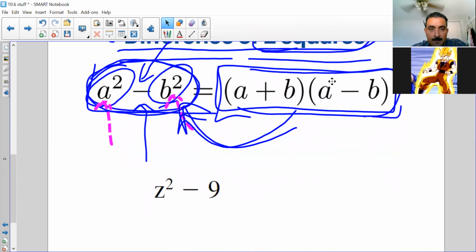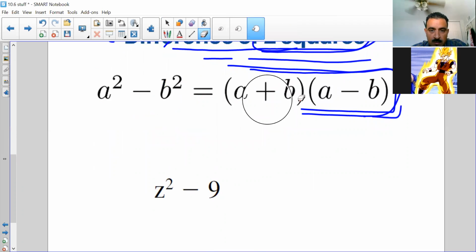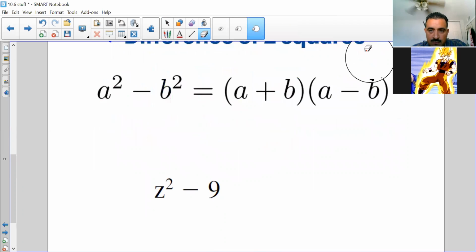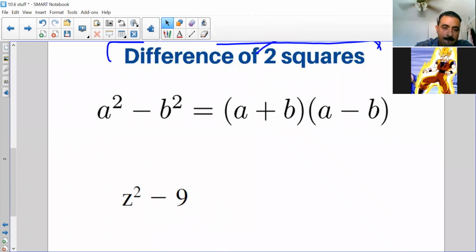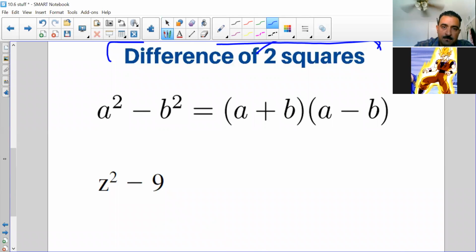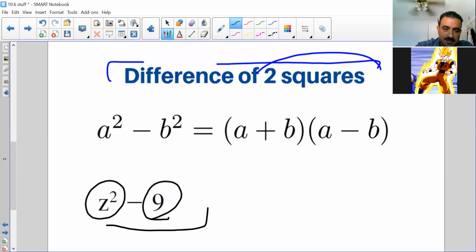Now, this warm-up problem is exactly a difference of two squares. You could see the pattern. Notice, Z squared minus something else squared. In other words, this Z squared minus 9 follows this pattern.